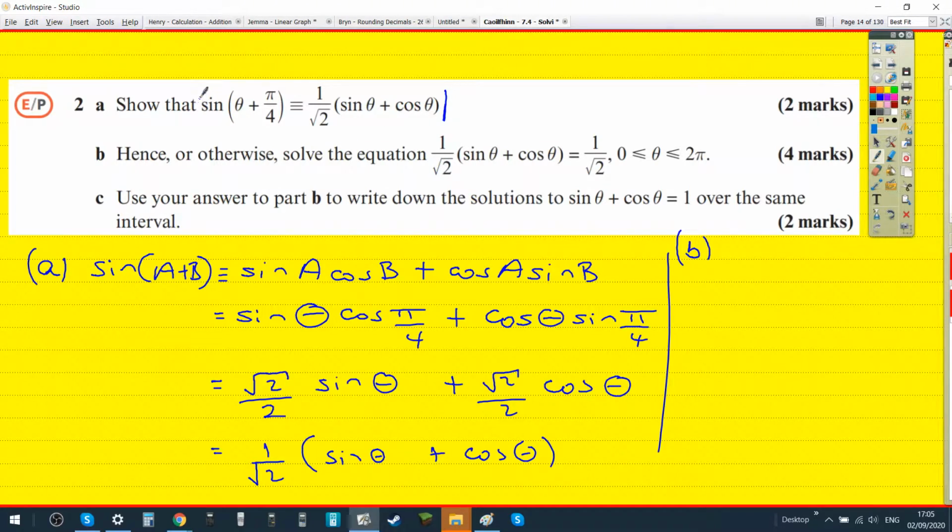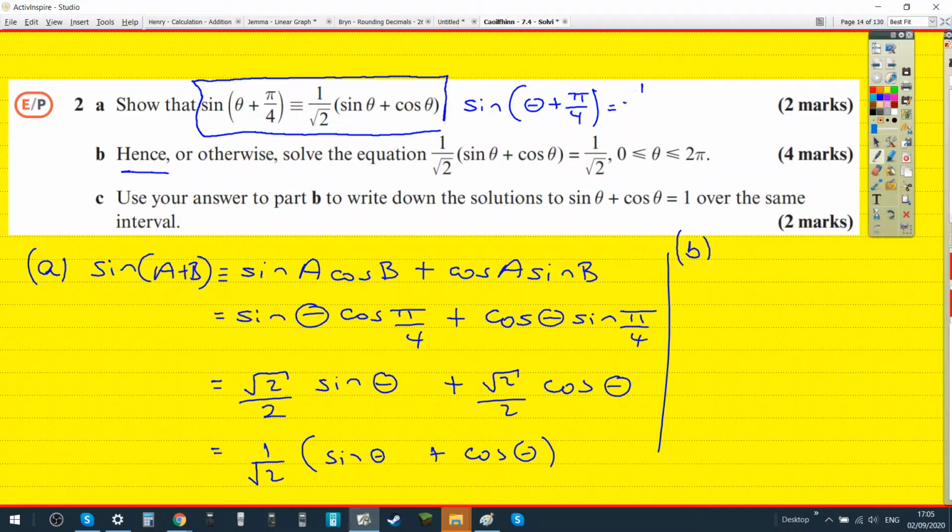One over root 2. Anything else? Given that they said theta plus pi over 4. Yes, and so instead of writing this, you could say sine of theta plus pi over 4 is equal to 1 over root 2. Boom. And so you could solve that.